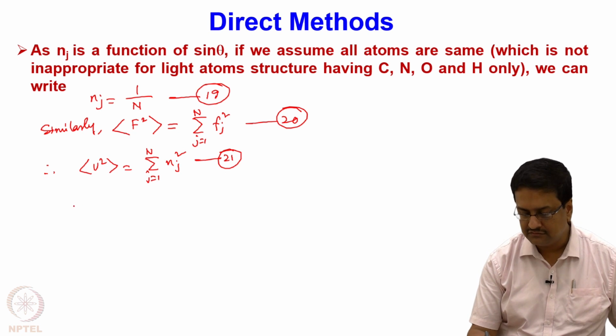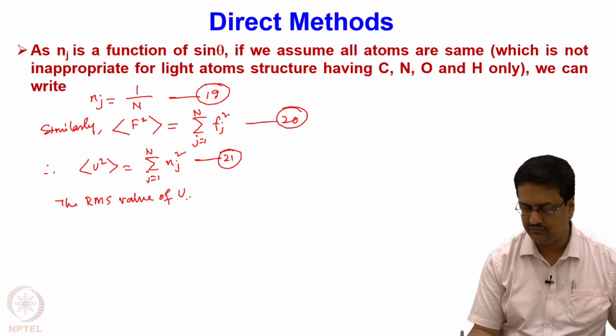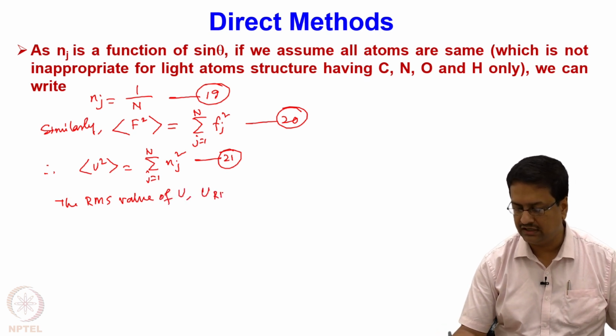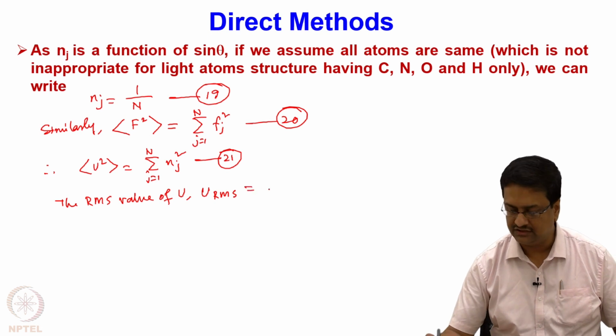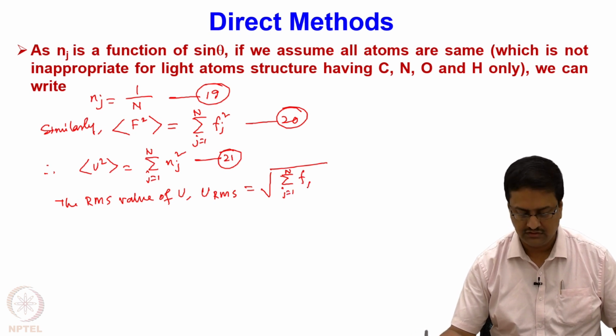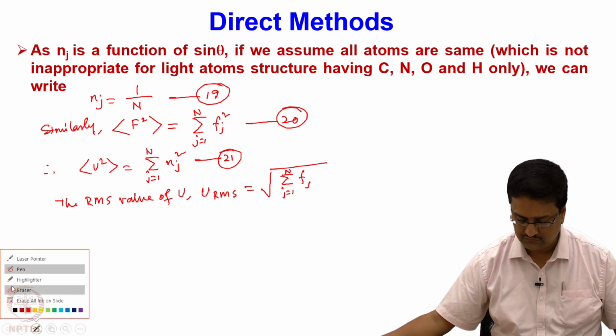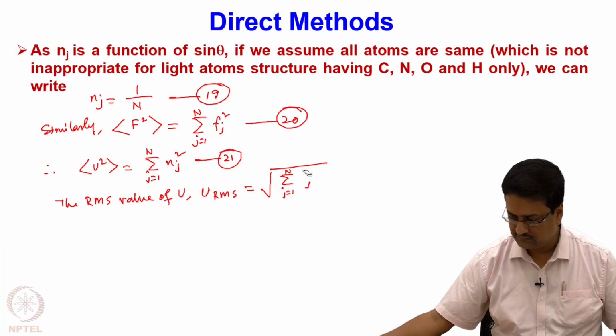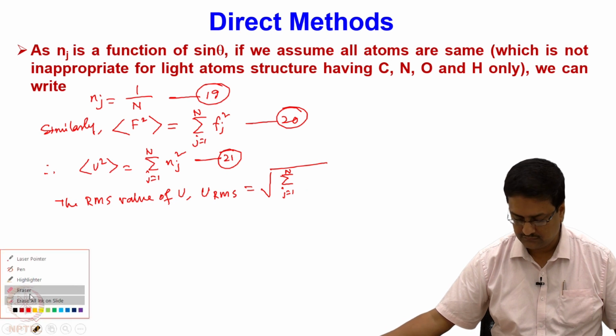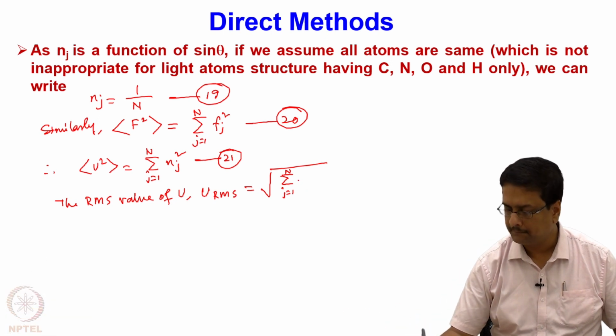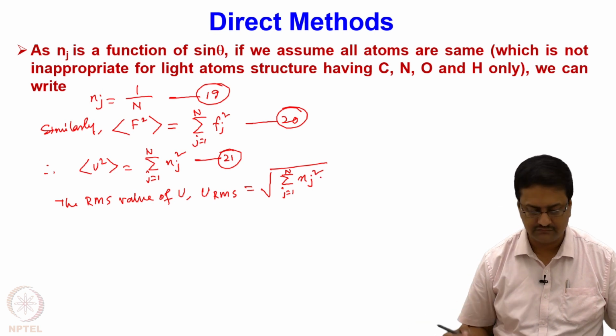So, the RMS value of u, that is u RMS, is nothing but equal to the square root of sum over j equal to 1 to n Nj square.